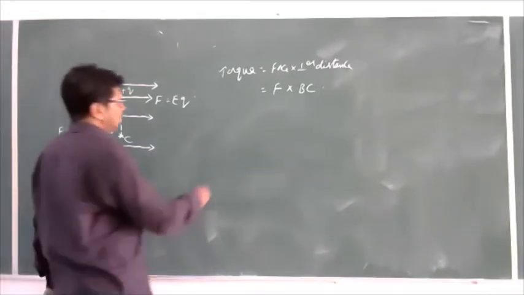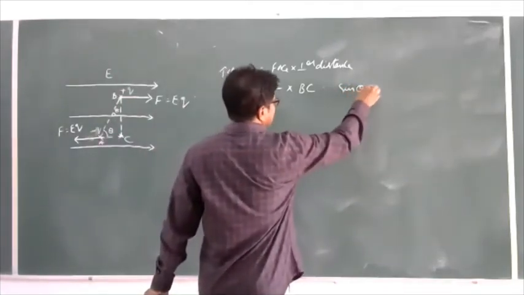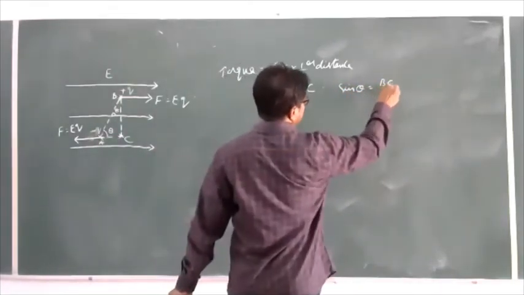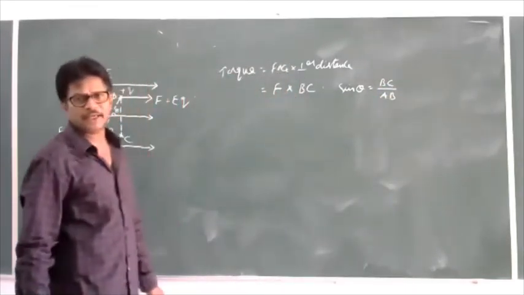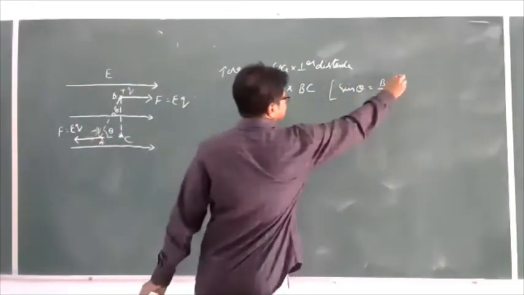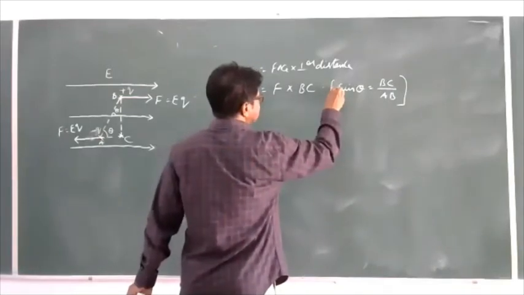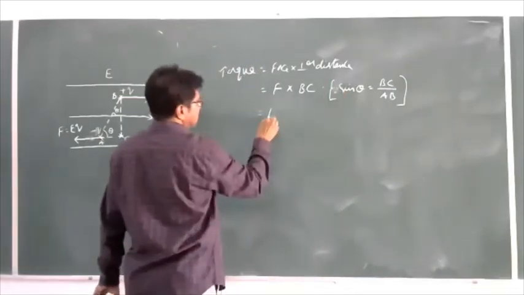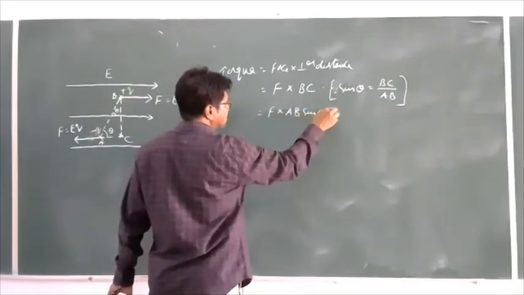So I will take the help of sine theta. Sine theta is equal to opposite side by hypotenuse, BC by AB. From here, F into BC is equal to F into AB sine theta.